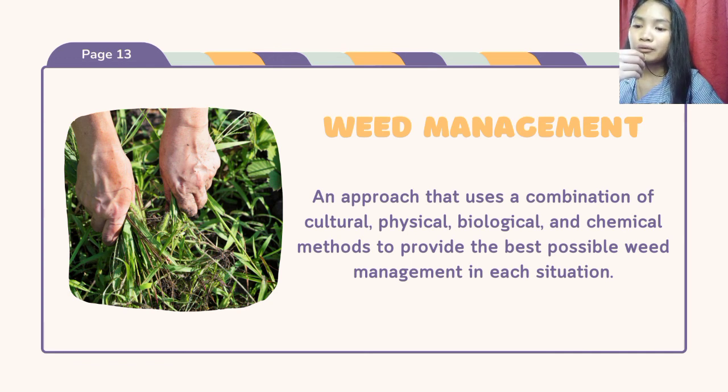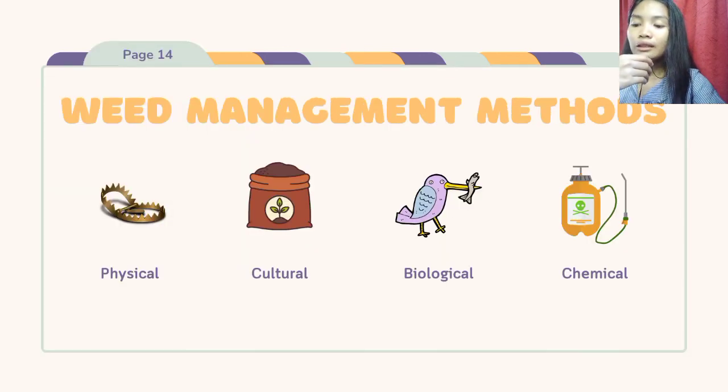The first step of any weed management program is to identify the weed species. With a little knowledge about the species, we can identify weaknesses which will help us manage the weed quickly and effectively. Here are some weed management methods.